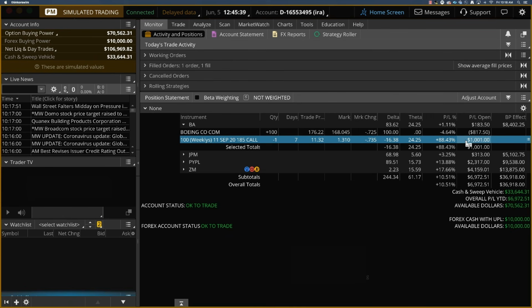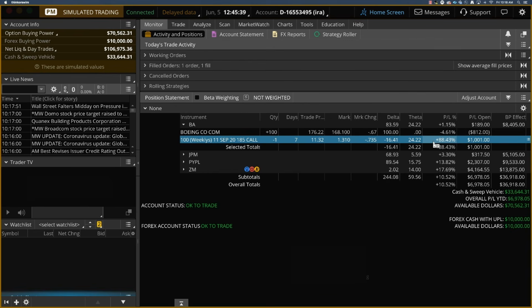Now remember, when the investor sells a call, they can only get a certain amount of premium that was received, the $11.32 or $1,132. Currently, right now, this position is sitting at a profit of 88% of the premium.